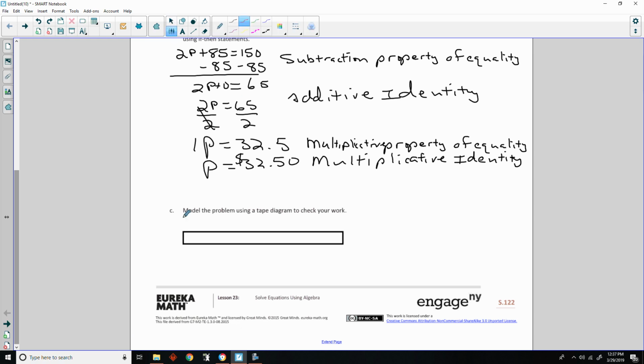Okay, so this whole thing is $150. And then if I take and separate this out like this, then this portion here would be the $85 hotel.